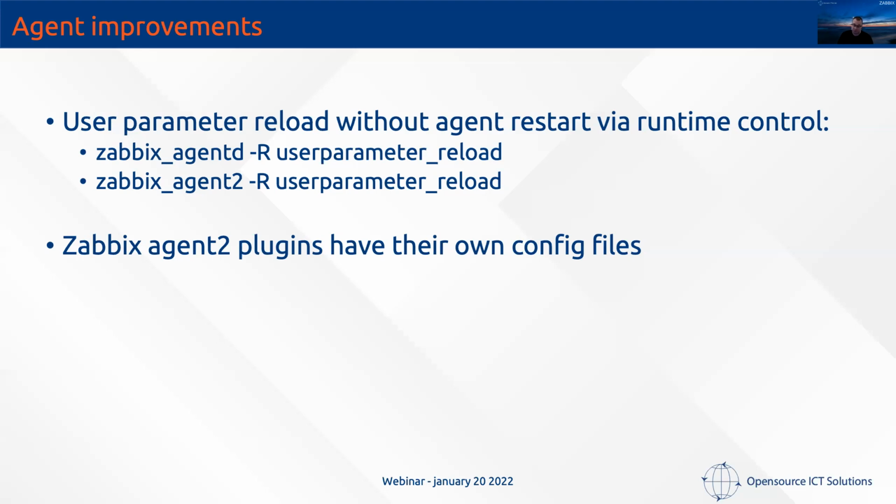And it happened to me a few times that you made a typo, tried to restart the agent, quickly logged off, to find out 10 minutes later that the agent is not running. Oops. Well, what they did right now: zabbix_agentd or zabbix_agent2 -R runtime control, user_parameter_reload. We don't have to restart that whole process. We can just reload the user parameters.